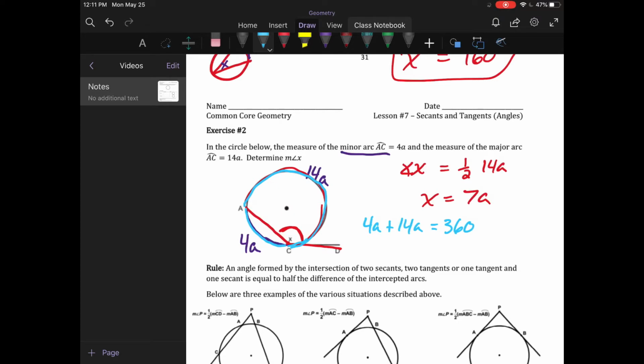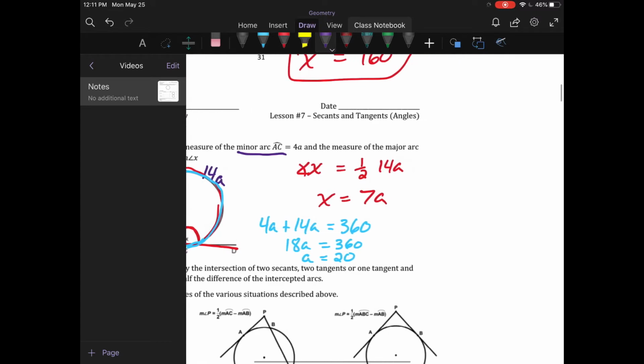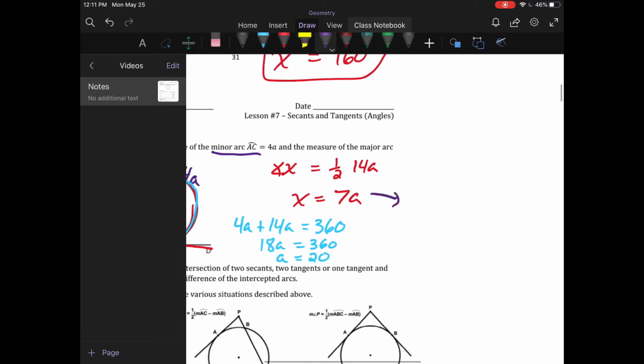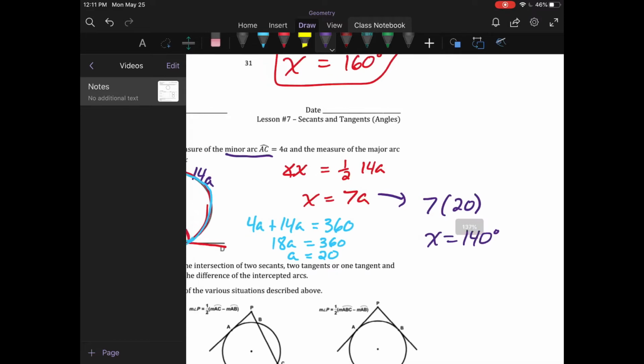So that means that we have 18A equals 360, and you divide both sides by 18, and we get A to equal 20. So you could take that and plug it into 7A. So 7 times 20, and we're going to end up getting x to equal 140 degrees.